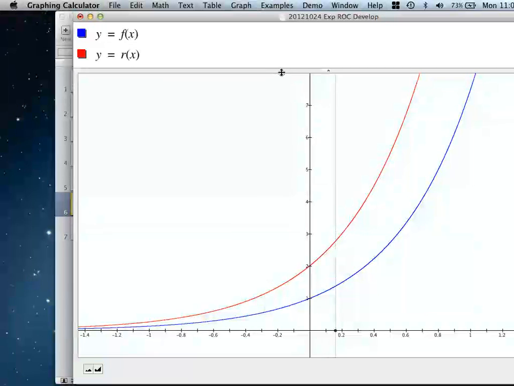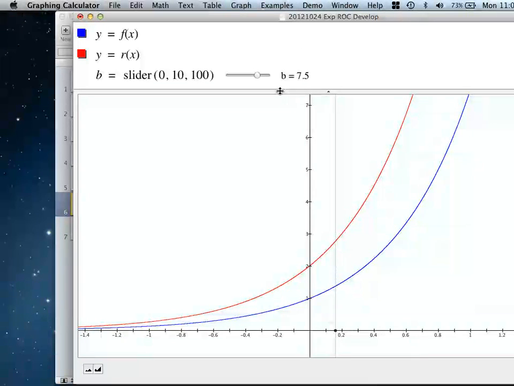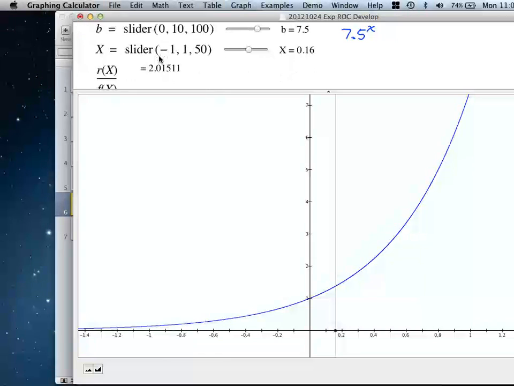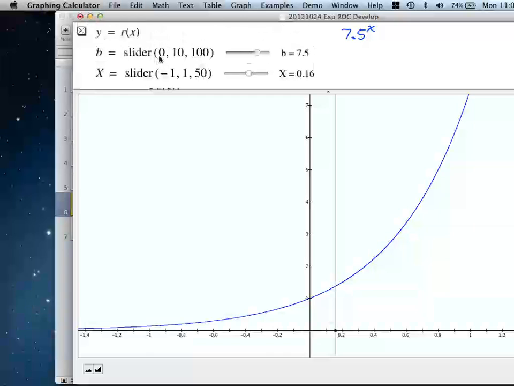Okay, so here I'm showing the blue function, where b is 7.5. So this is 7.5 to the x. And then I've got the rate, it's up here.